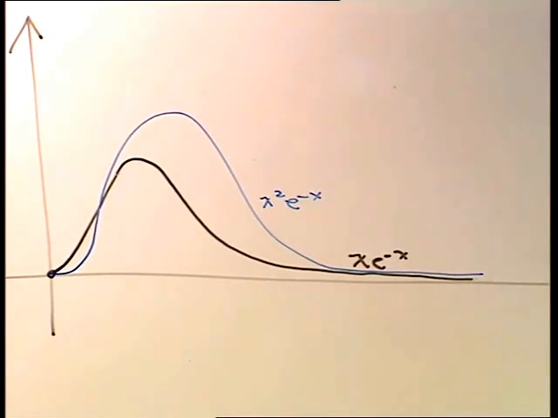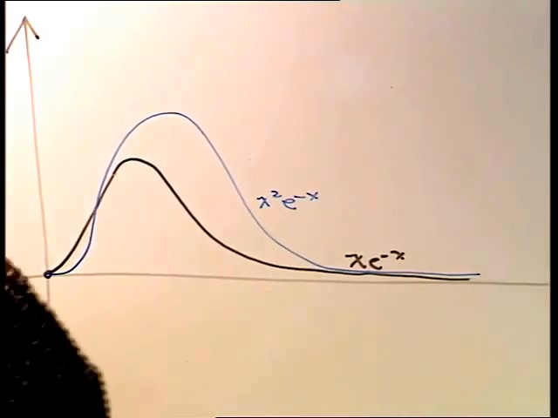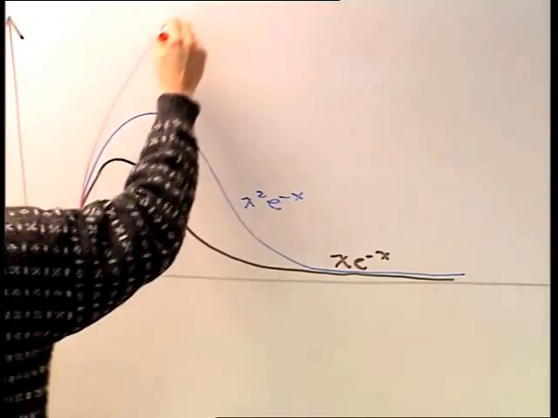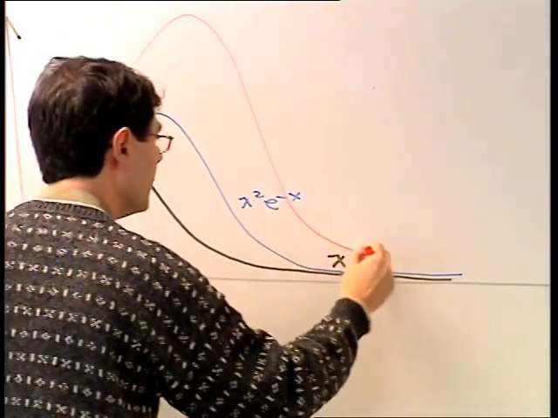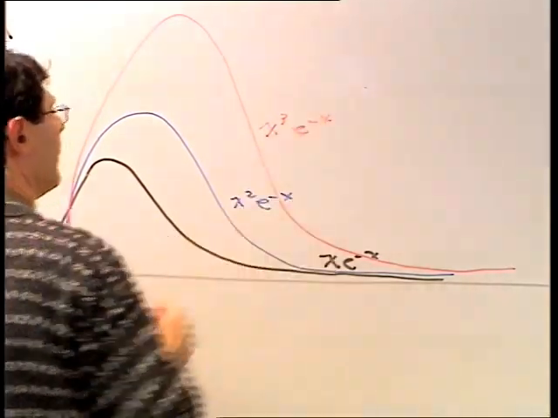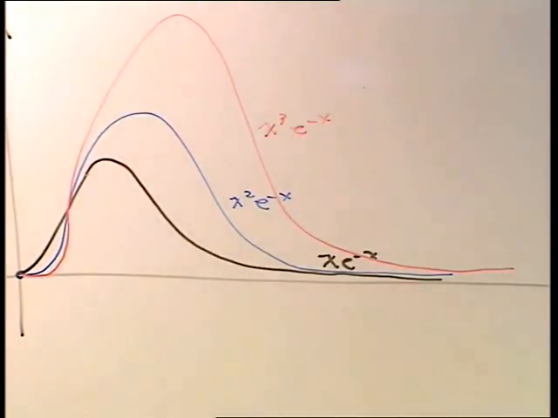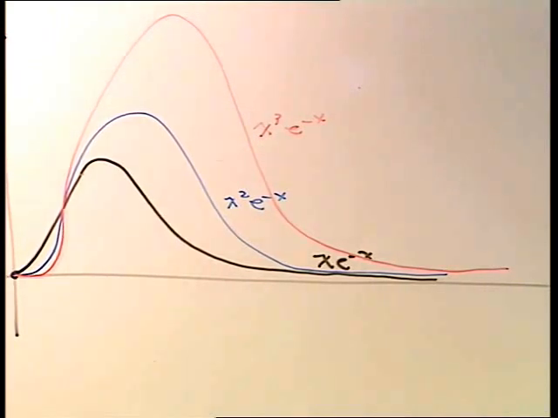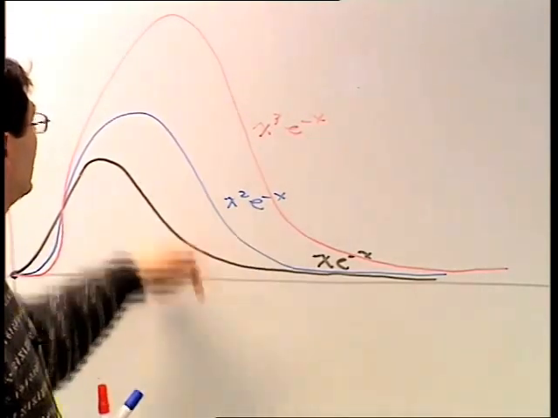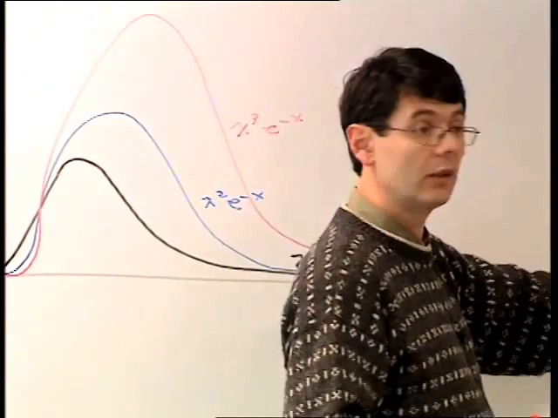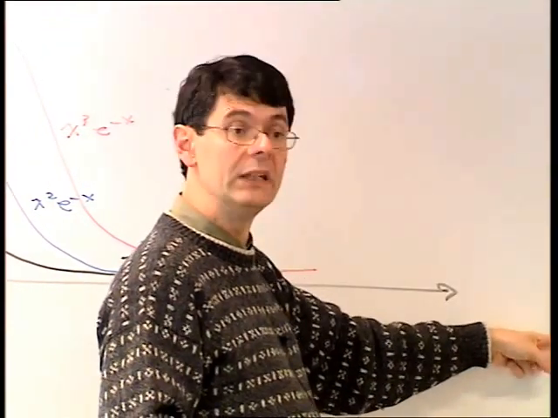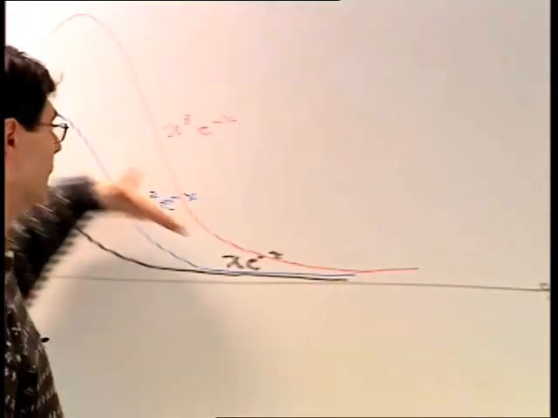What about x cubed? You're going to be seeing something like this. You get the pattern, right? For small values of x, you do get larger and this fraction can get larger and larger. But eventually, e to the x beats up on the other guy and brings it down to 0.